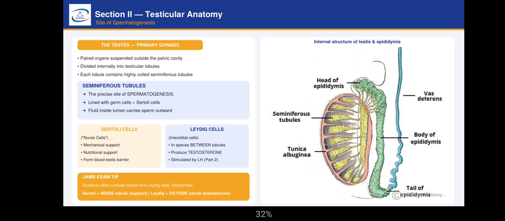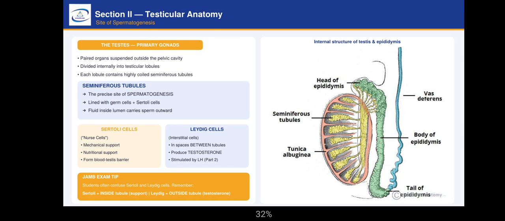Because when they are being made, they are very, very fragile. They need support. So it is the Sertoli cell that does that, supports them, supplies them with nutrients. All right? And also forms what we call the blood testis barrier. That simply means where the sperm is being produced, there is no blood there. Okay? Where the sperm is being formed, where spermatogenesis is taking place, there is no blood there.